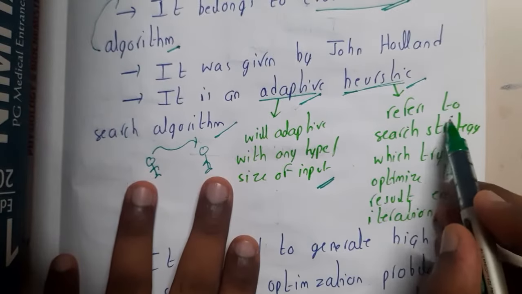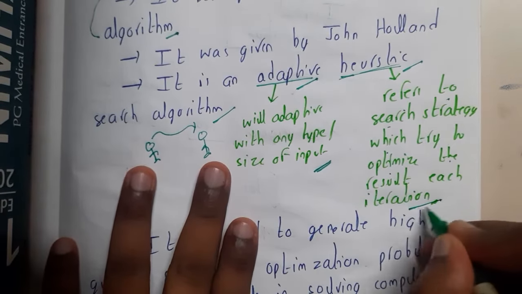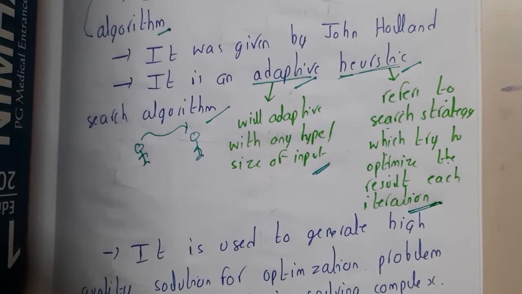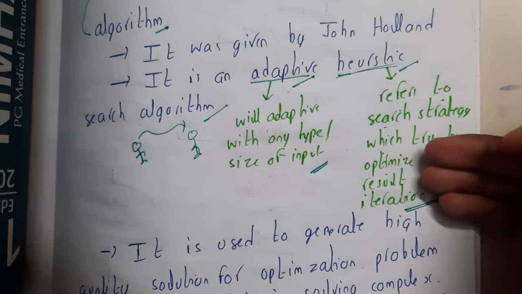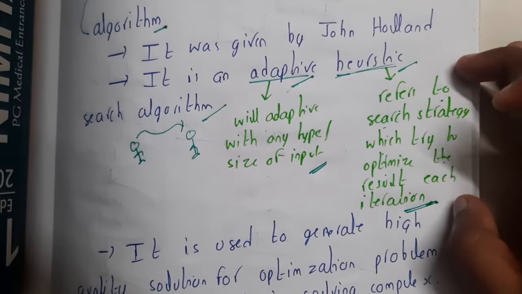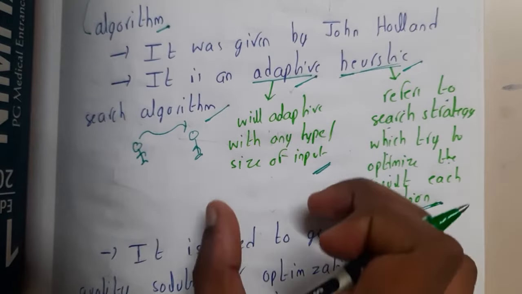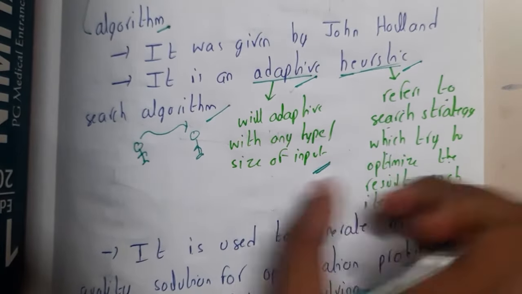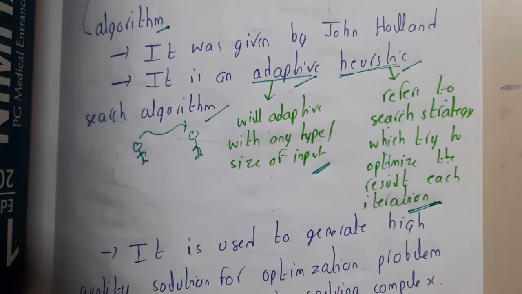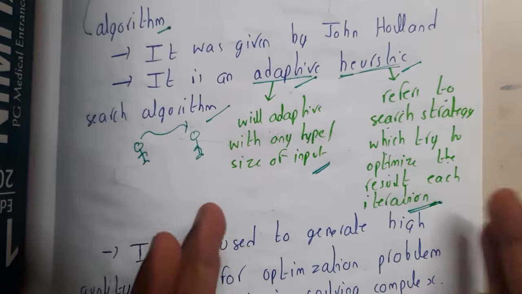It refers to a search strategy which tries to optimize the result after each iteration. As it completes an iteration and gives you the output, it always gives you the best ones. That concept is heuristic. So adaptive heuristic means it is fully adaptive to any kind of input, and its results keep on improving, guys.